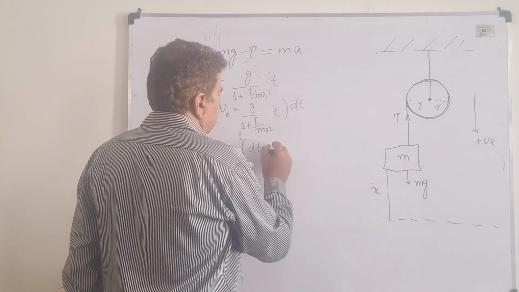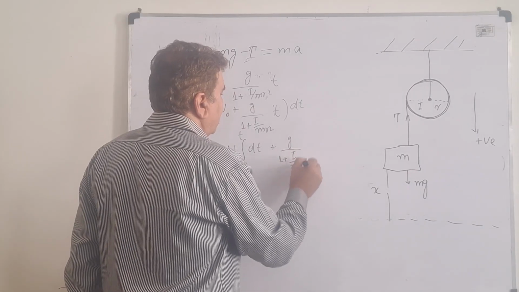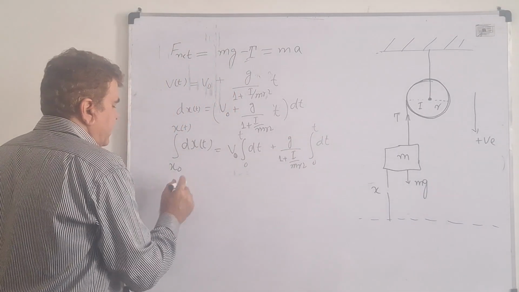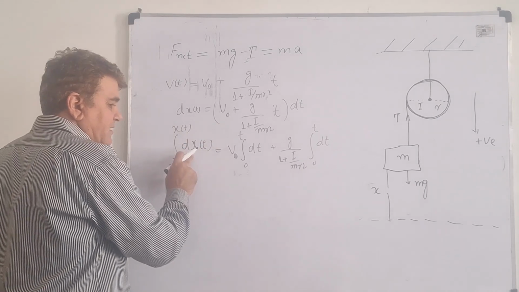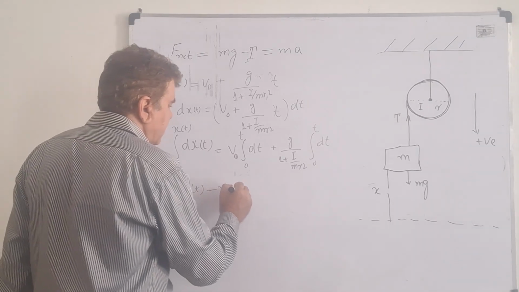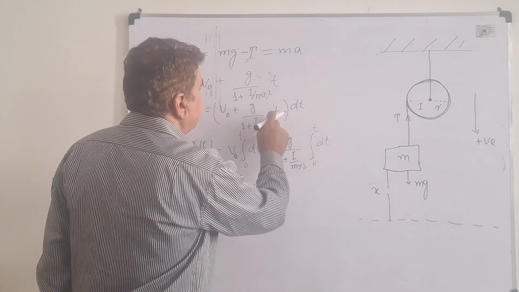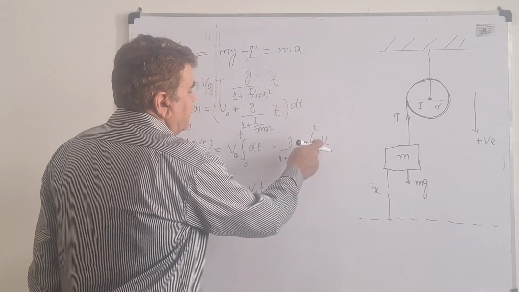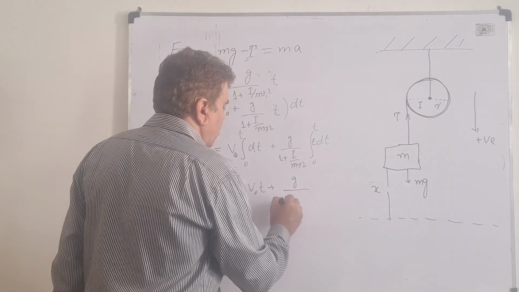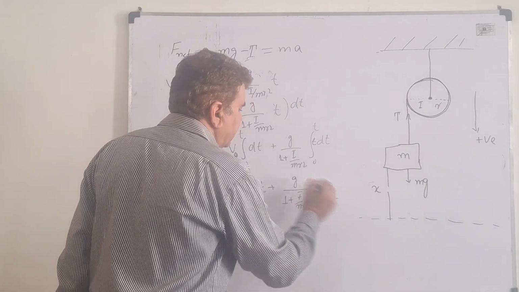And then again, this is a constant term, so I write this as g divided by 1 plus I divided by mr squared, integral t dt from 0 to t. And if I integrate this, it will give me x of t minus x naught equals v naught t plus g divided by (1 plus I divided by mr squared) into t squared divided by 2.